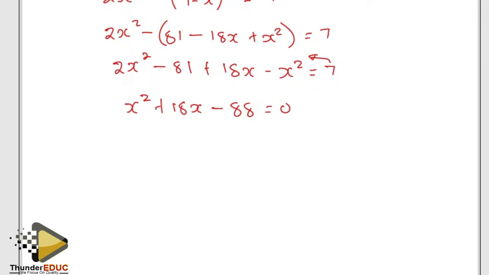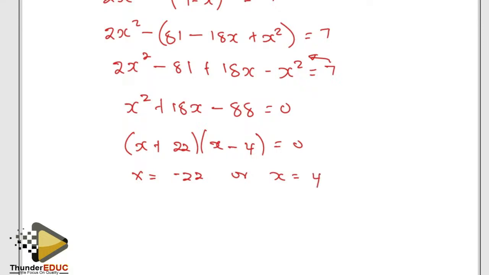Let me see what I get from my calculator. I'm going to use 22 and 4. Since this is a plus, this is a minus, which means x is a negative 22 or x is a 4.